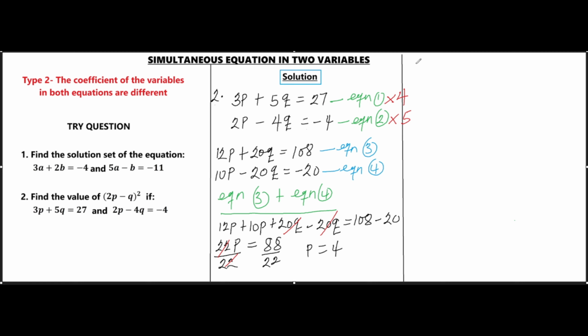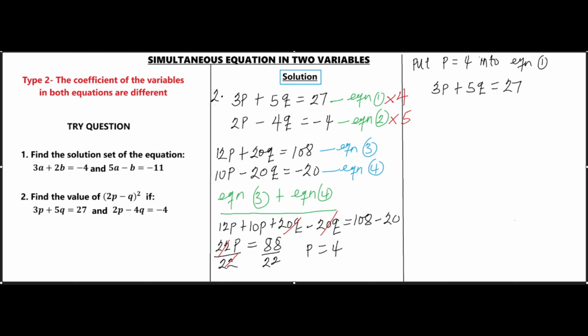So we also need to find the value of q. So we just put p is equal to 4 into any of the 4 equations. So I'm selecting equation 1. Equation 1, we have 3p plus 5q equal to 27.